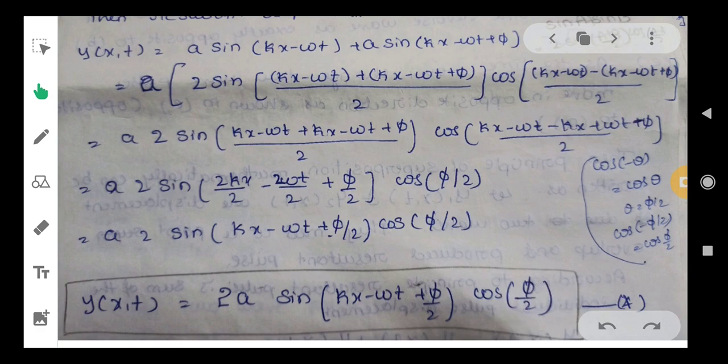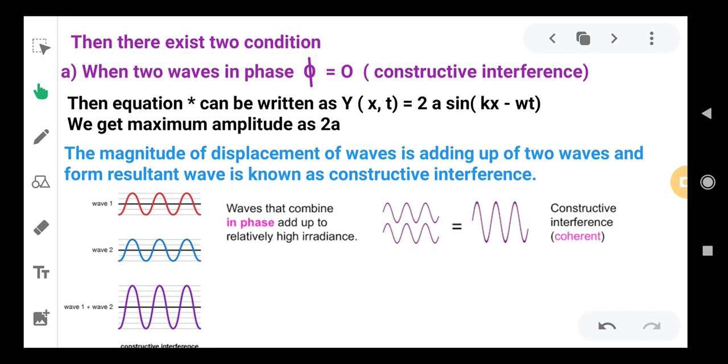It is the expression for displacement of superposition of the waves when they travel in the opposite direction with a phase difference of a xi value. Next, in this form there exist two conditions.